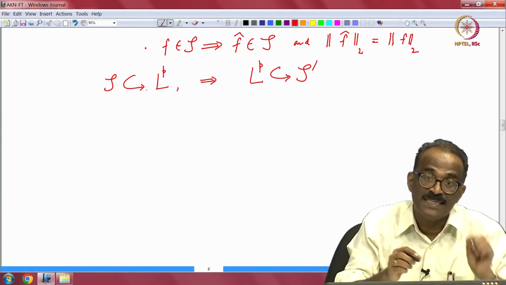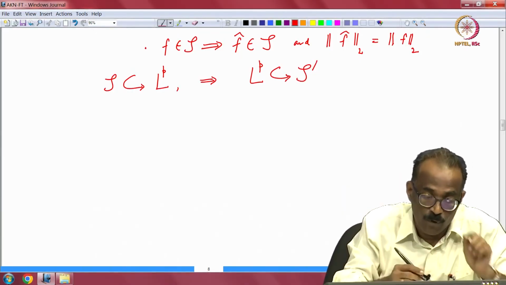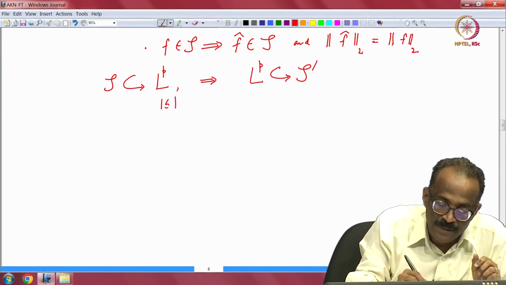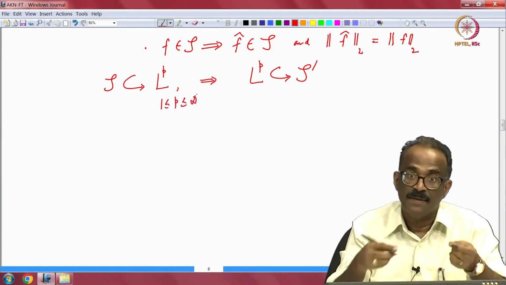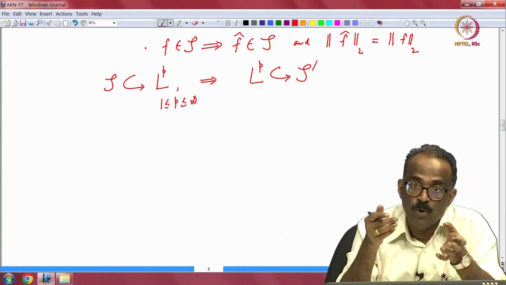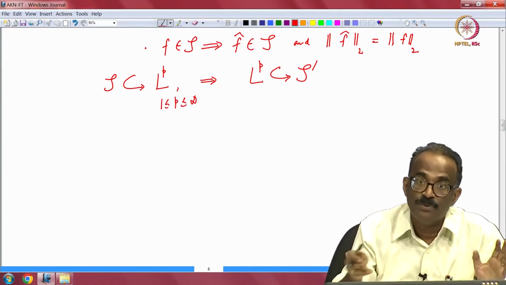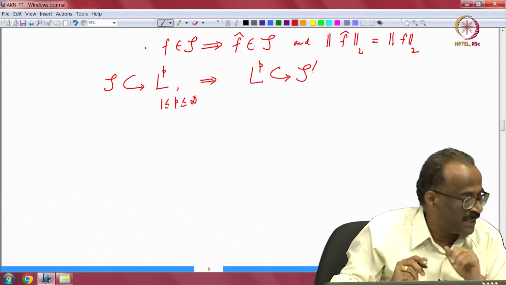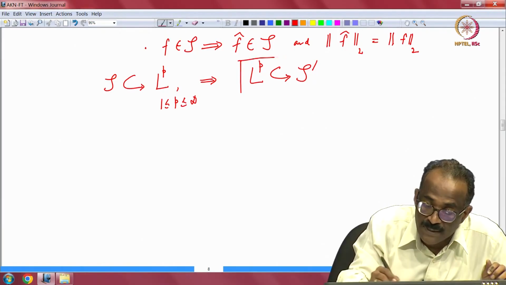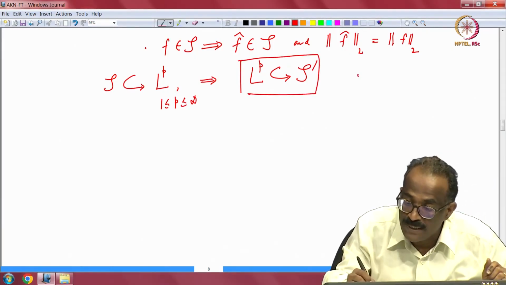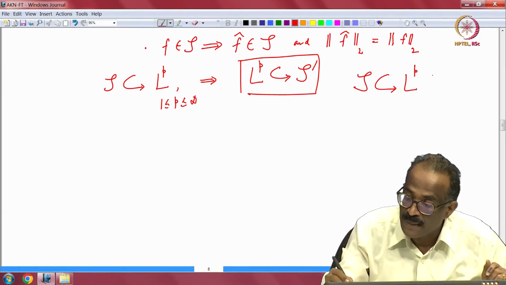This follows because zeta is in LP for all p, 1 less than or equal to p less than or equal to infinity. Taking duality, the dual of LP will be some LQ, so all LQ are in zeta prime. So, you have all these embeddings: zeta contained in LP, contained in zeta prime.